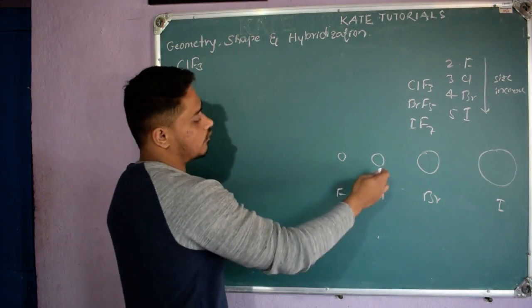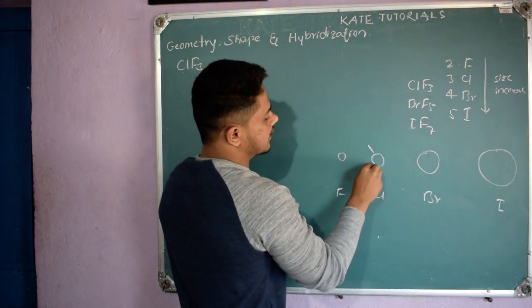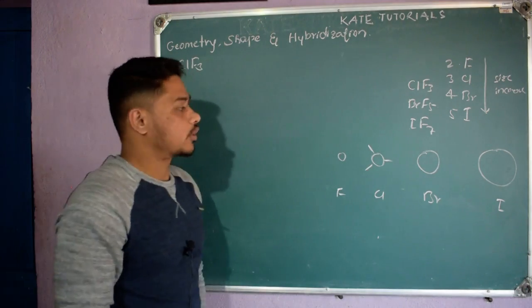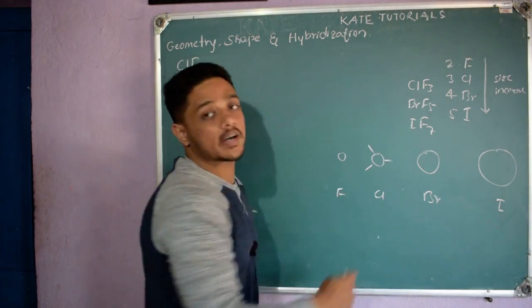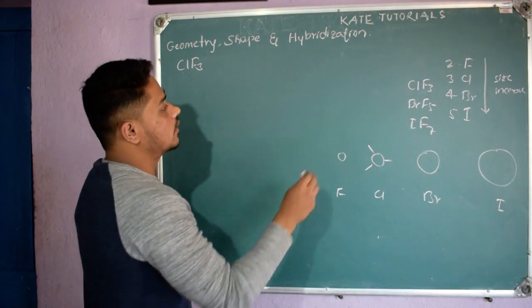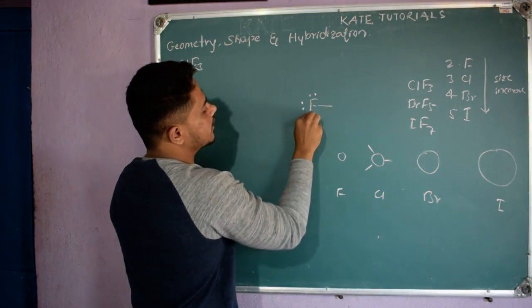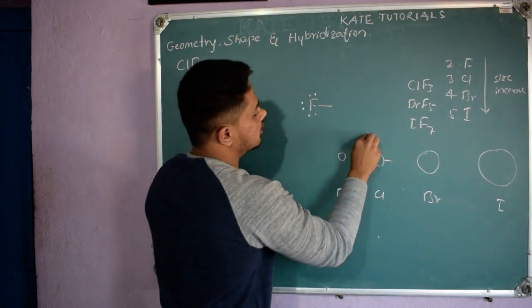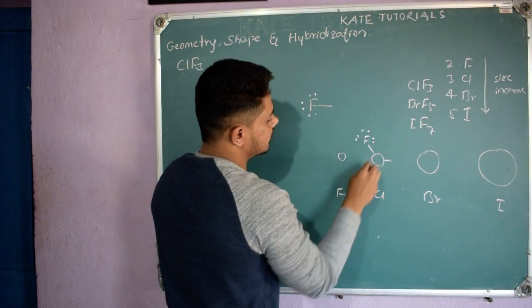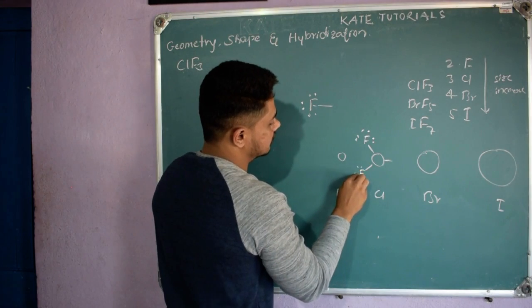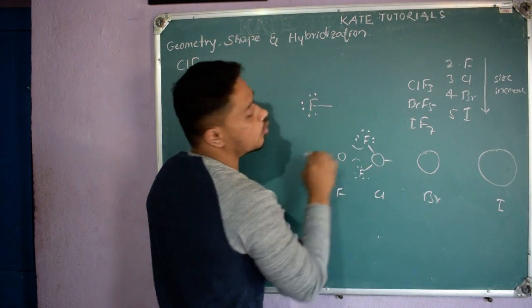See, chlorine can have only 3 fluorines, right? Because if I go on to add one more fluorine or two more fluorines, what happens? Fluorine forms one bond, and the other 3 will be lone pairs. So here also lone pairs, and here also lone pairs, so repulsion will be more.